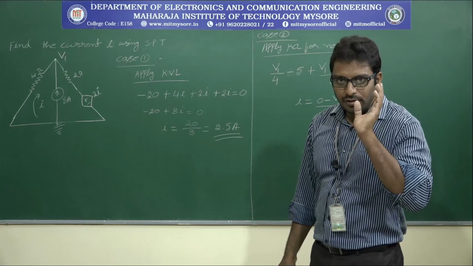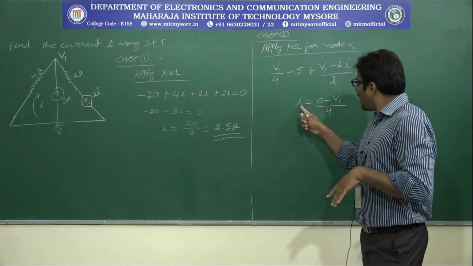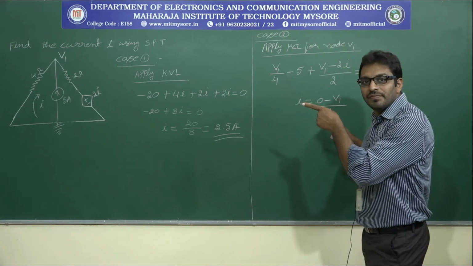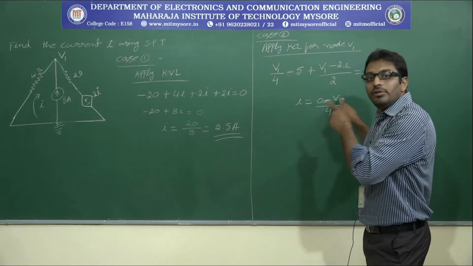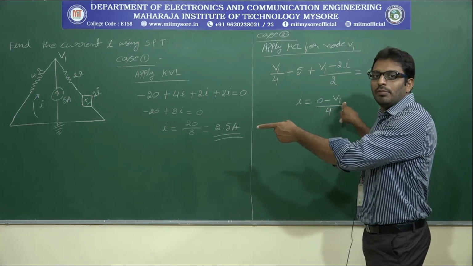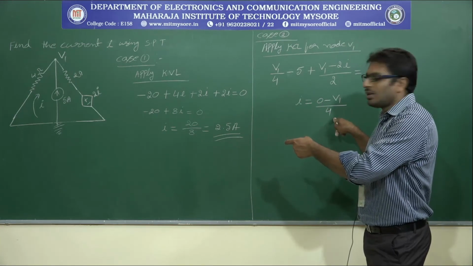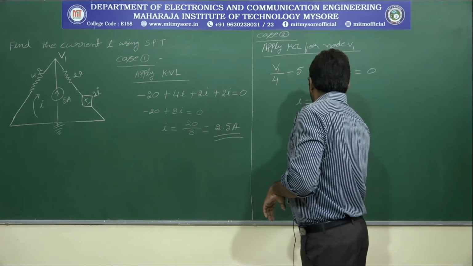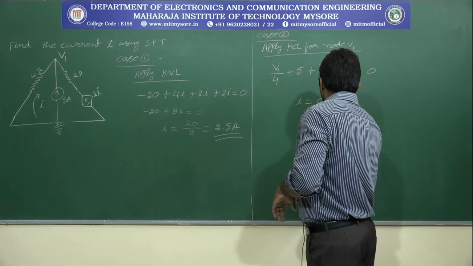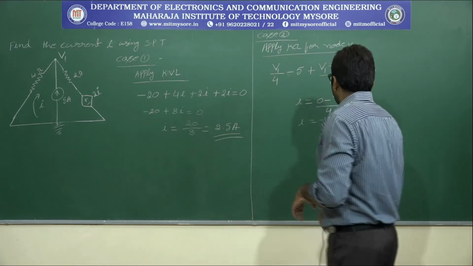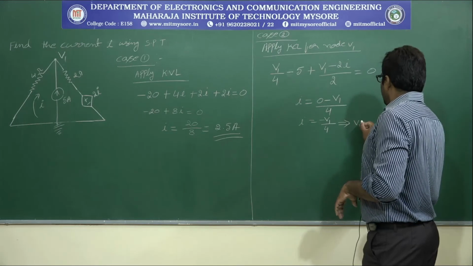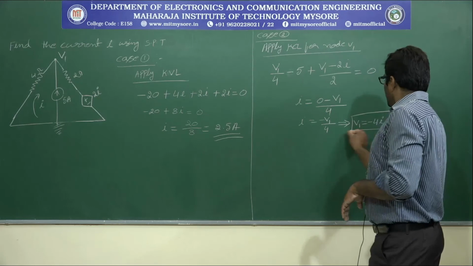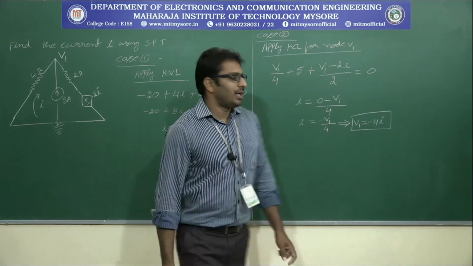I hope all of you understood why I consider I equal to 0 minus V1 by 4. According to the I direction, current is flowing from ground to V1. By Ohm's law, I is equal to V by R. What is the R value? 4 ohm. Now I is equal to minus V1 by 4. Is it correct? Therefore, V1 is equal to minus 4I.